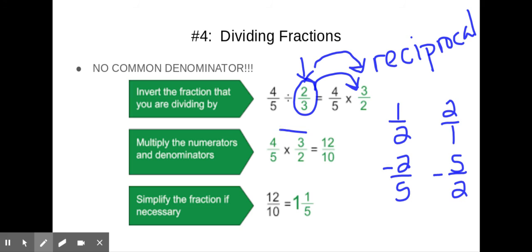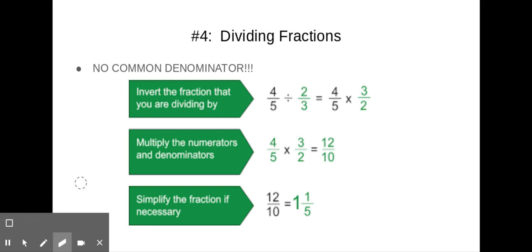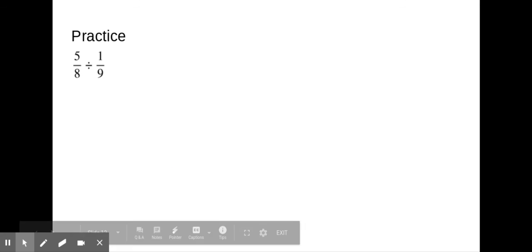Then you multiply the numerators and you multiply the denominators. They turned this into a mixed number. I also would have accepted 6 over 5. So again, dividing fractions, you keep the first fraction the same, you change division to multiplication, and you flip the second fraction or find its reciprocal.